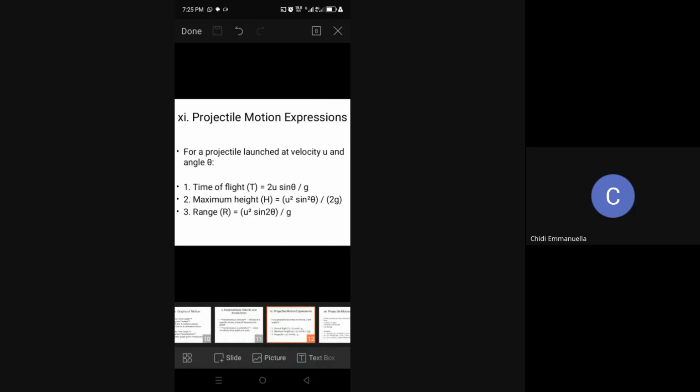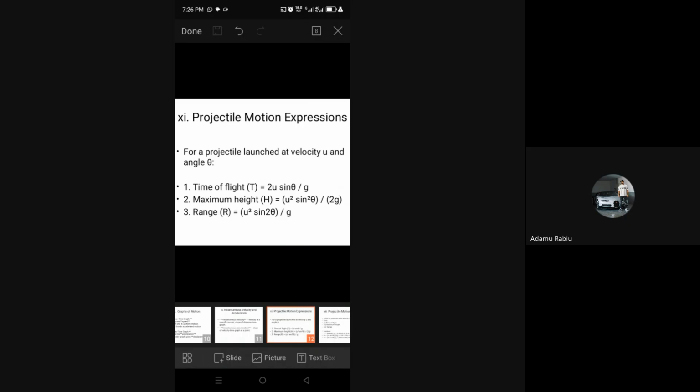Somebody else, what's a projectile? It is an object or body launched into the air. Okay, that's all.